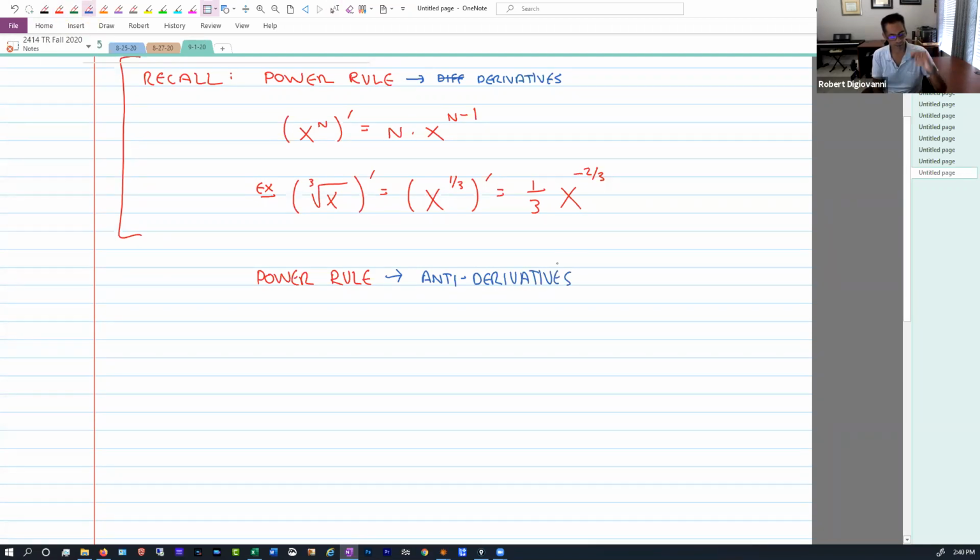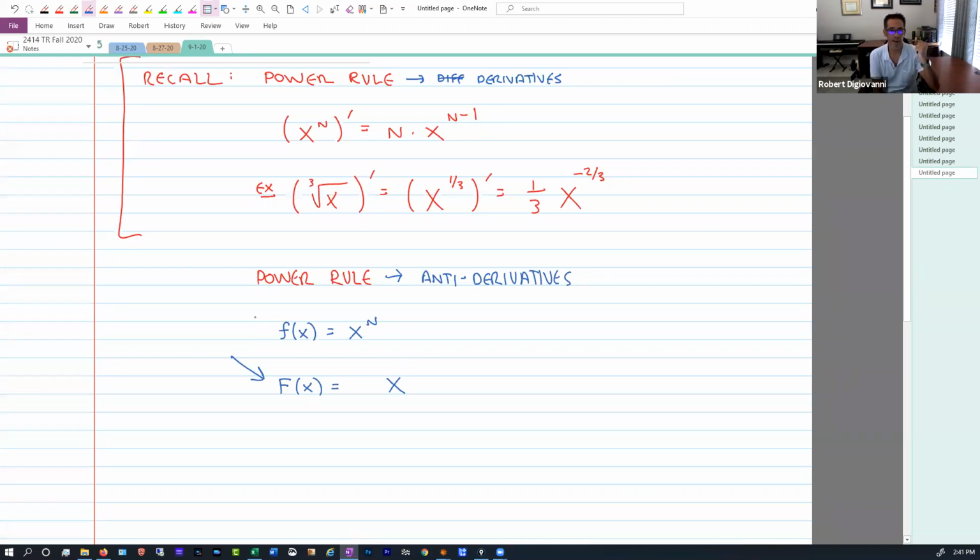So let's think about this. If somebody gives us a function, little f of x, and they say it's x to the n, and then I ask you, okay, capital F, try and figure out the antiderivative of this. Whatever this is, it's going to have to be x to a power. But when we take the derivative to get that little f, the power is going to have to reduce.